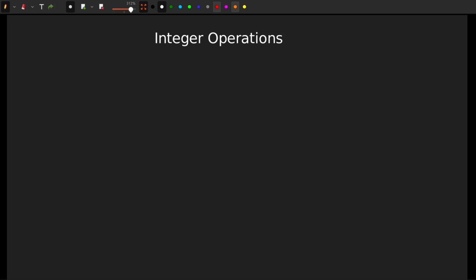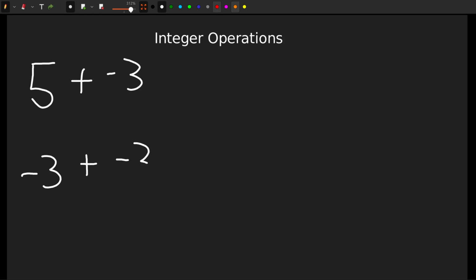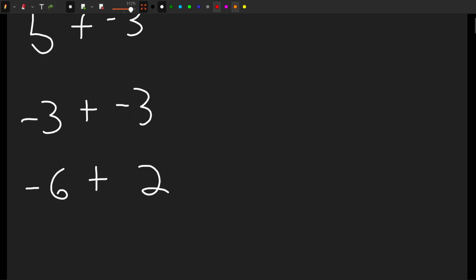So we'll start with 5 plus negative 3. We're then going to have negative 3 plus negative 3. We will have negative 6 plus 2. I'm going to move down a bit.